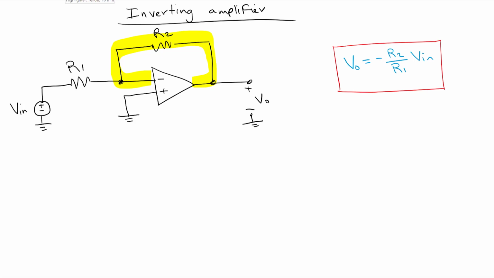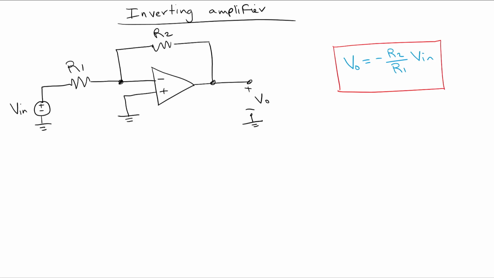Another thing that I notice is that the input signal, Vn, is connected to the negative input terminal of the op-amp. And this helps me memorize that this is the op-amp with a negative gain.